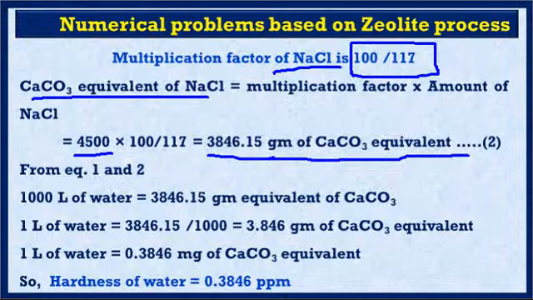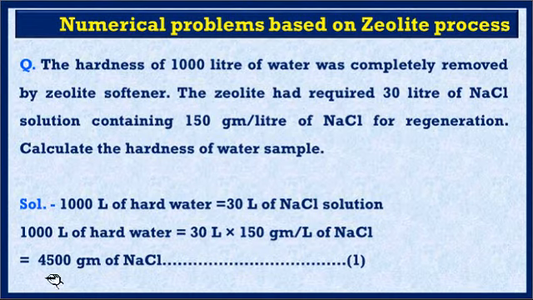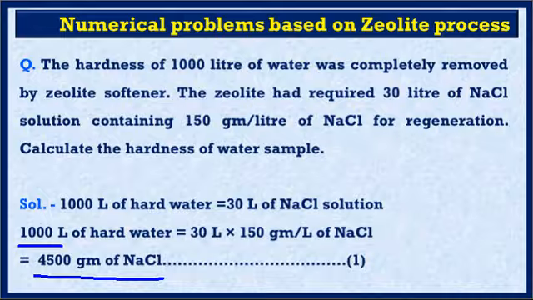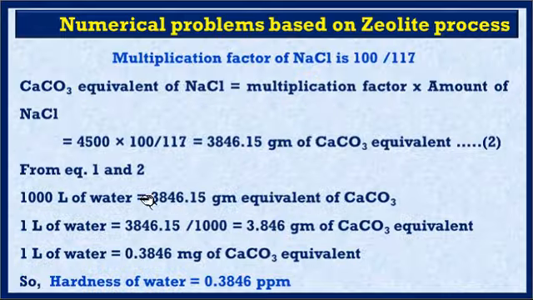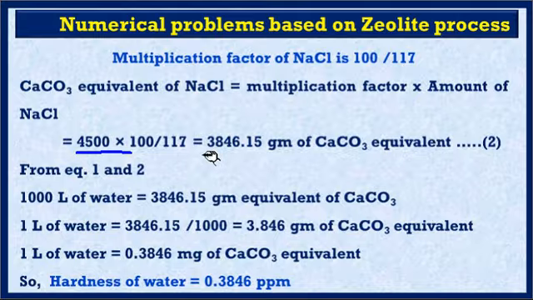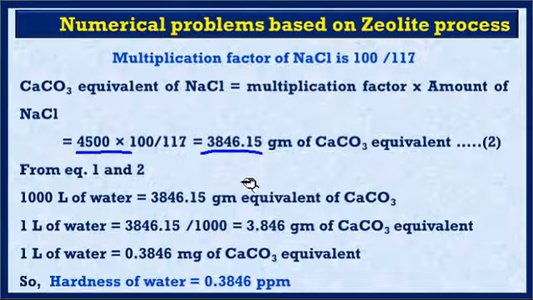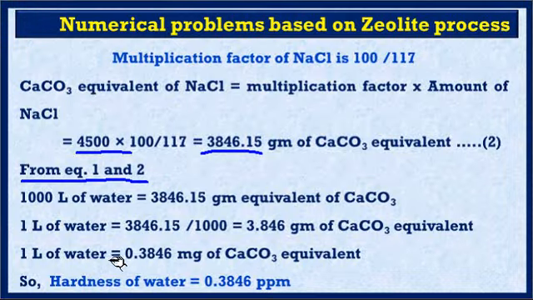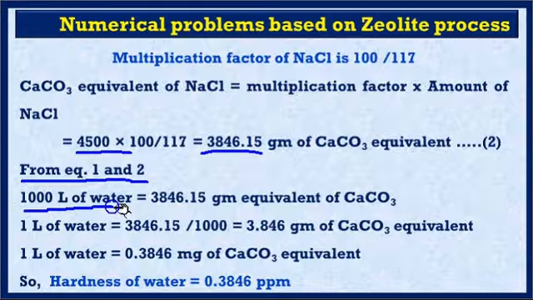So we know from equation number 1, 1000 liter of water is equal to 4500 gram of sodium chloride, and from equation number 2, 4500 gram of sodium chloride is equal to 3846.15 gram of calcium carbonate equivalent. So from equations 1 and 2 we can say that 1000 liter of water is equal to 3846.15 gram equivalent of calcium carbonate.